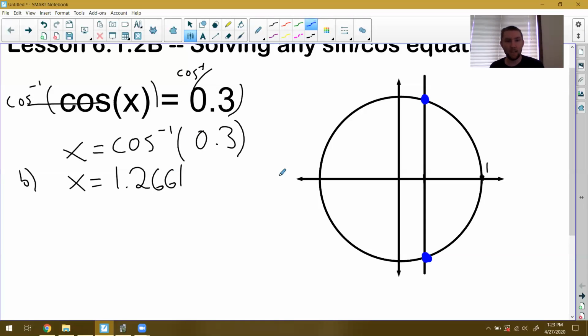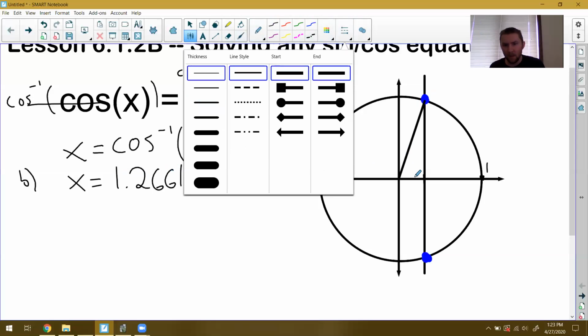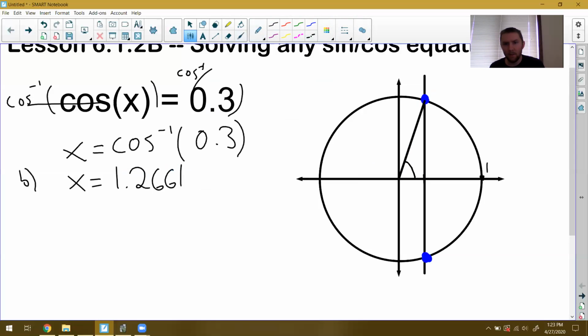The first answer that we get is right here, 1.2661. So if I draw my first angle from the origin up to this blue point, I can mark off an angle in the unit circle from here to here. This angle is 1.2661 radians.